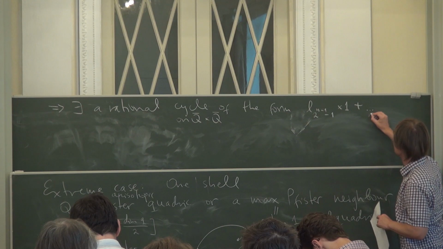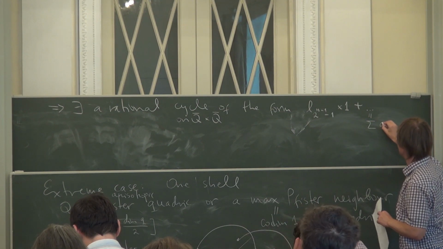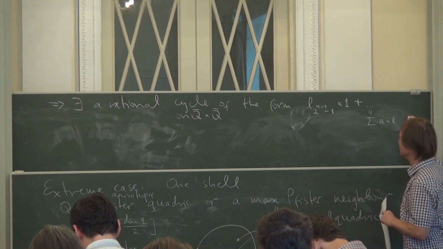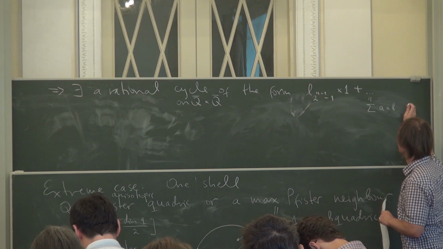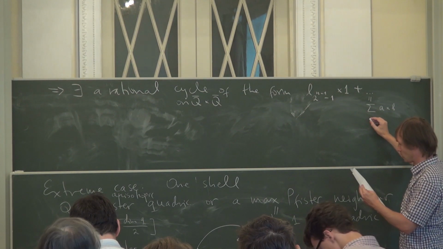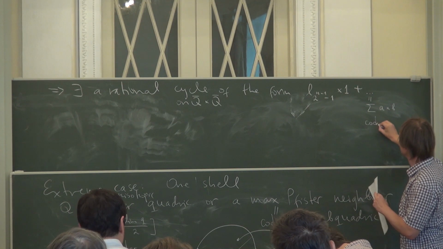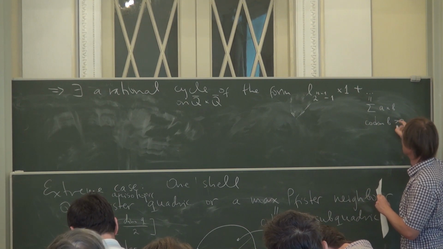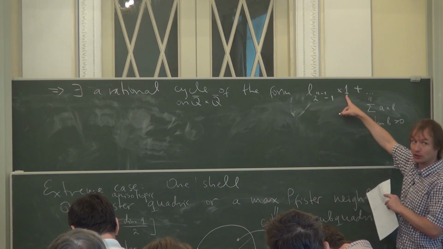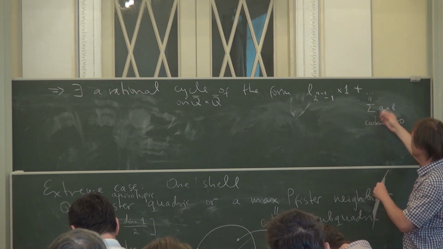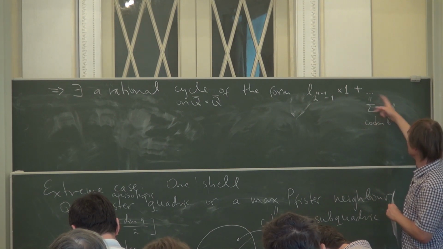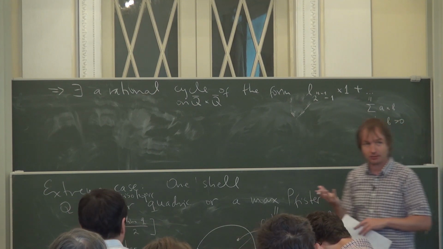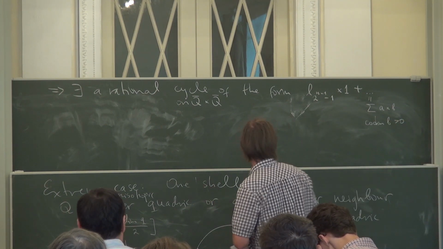This is some sum of the elements of the form A times B such that the codimension of B is strictly positive. So here is codimension 0, and here some sum we don't know exactly how it looks like. It maps to 0. It's a general element from the kernel.